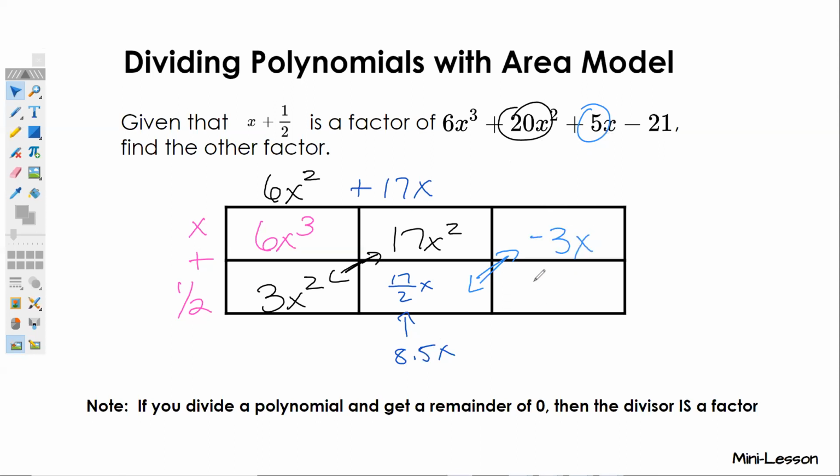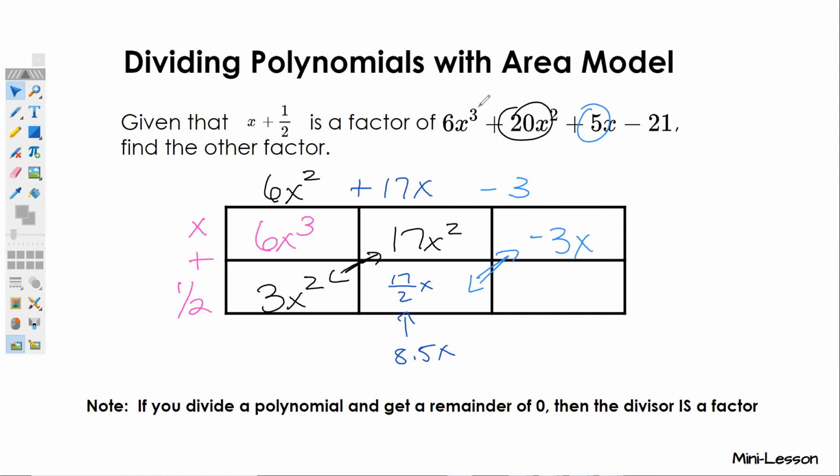Minus 3x. So what times x would give us -3x? Minus 2.5. Okay. Hold on. Wait. No. So we've got -3 that's going to go here because -3 times x will give me -3x, right?